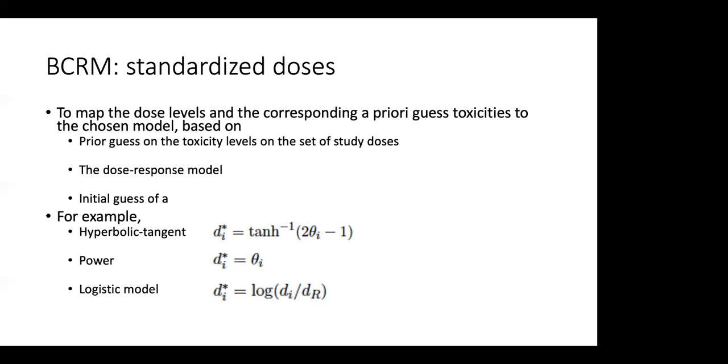Here are examples of different standardized functionals used in the BCRM method. In most software, the standardization can be done automatically. But if you're going to write your own program to do the BCRM, here's how you do the standardization. Okay.